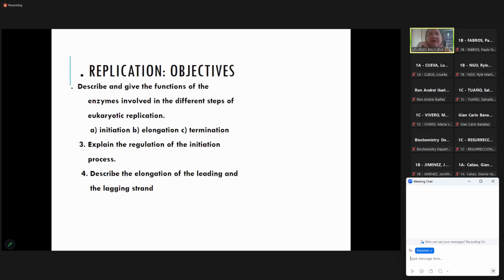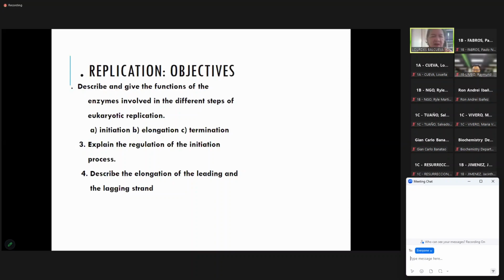So you have the initiation, elongation, and termination. Number two is to describe and give the functions of the enzymes involved in the different steps of eukaryote replication. So we are emphasizing more on eukaryotes, no? You probably know that it is almost the same as in prokaryotes, but with differences.